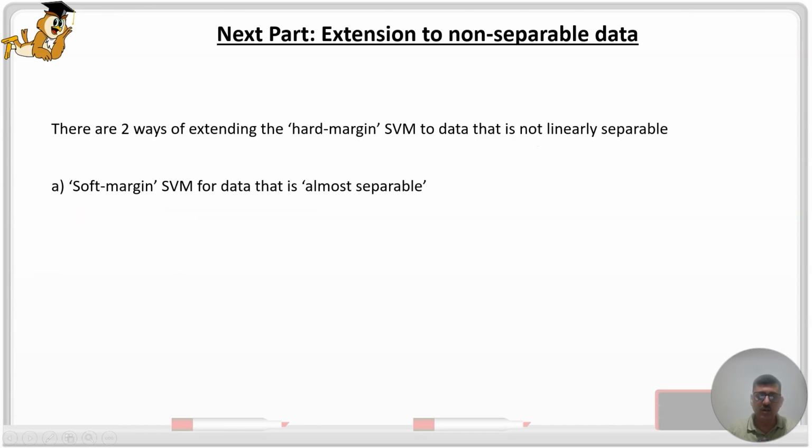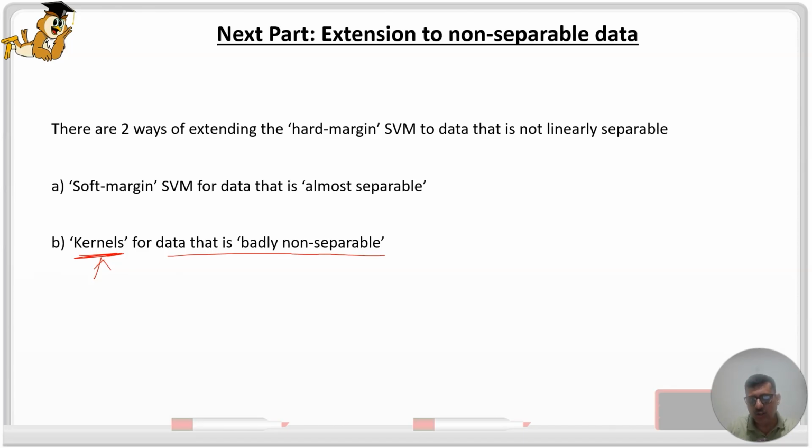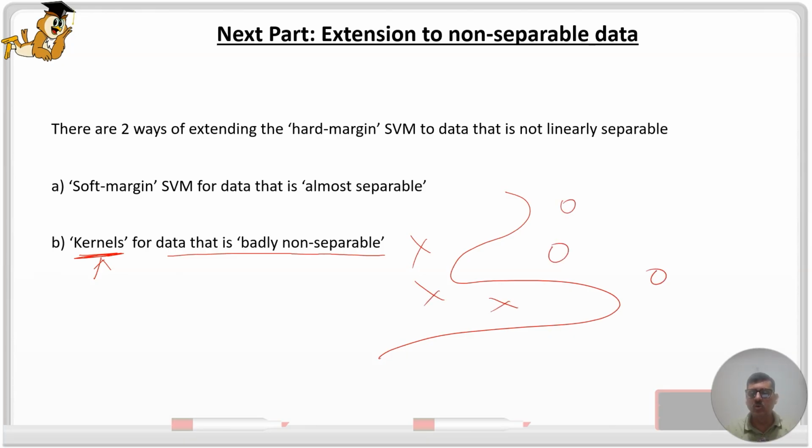On the other hand, we are going to develop a new technique called kernels. This is something that we talked about in the earlier lecture as well. We are going to use kernels for data that is badly non-separable. What I mean by badly non-separable is that it is not a situation where there are a few stray points that have crossed over, but you are really going to require some sort of a very non-linear separator between your data points to do your classification.